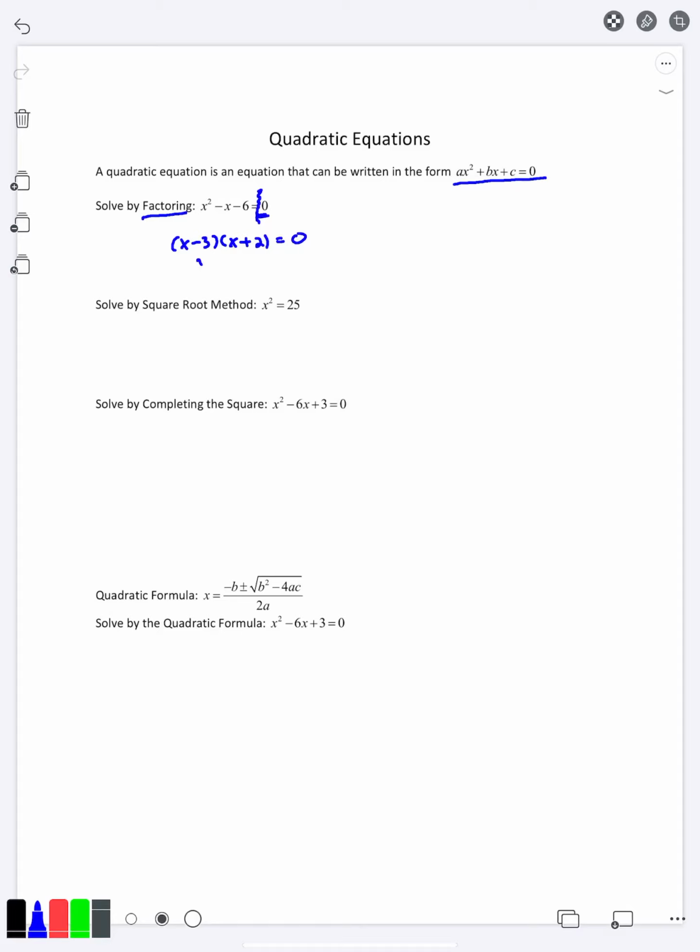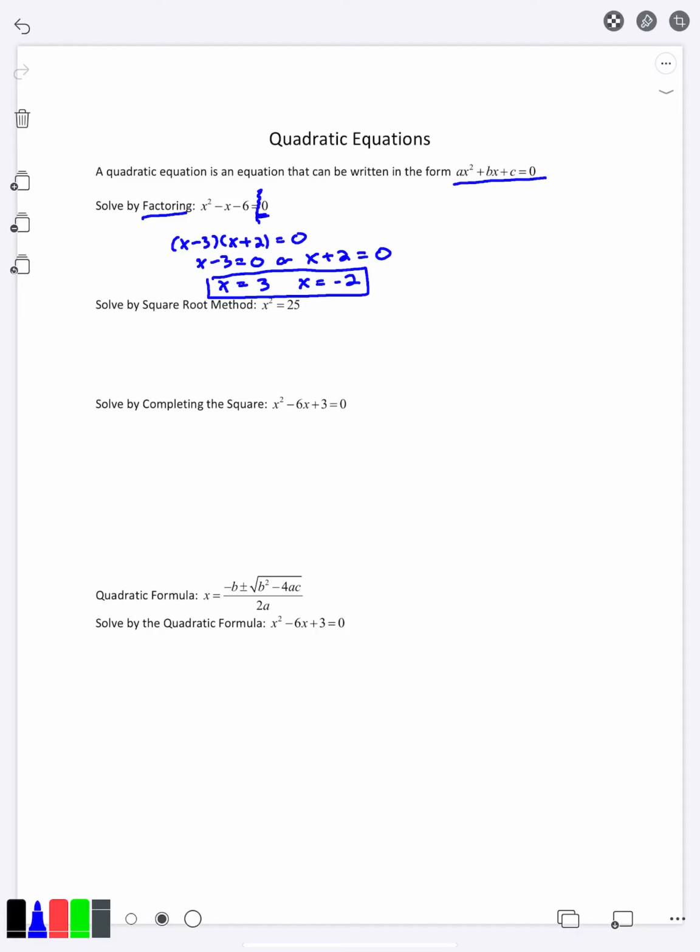So that means either the first number had to have been 0 or the second number had to have been 0. And then these are two linear equations. We can quickly solve them, and we get x equal to 3 or x equal to negative 2. So we have two answers to our equation.